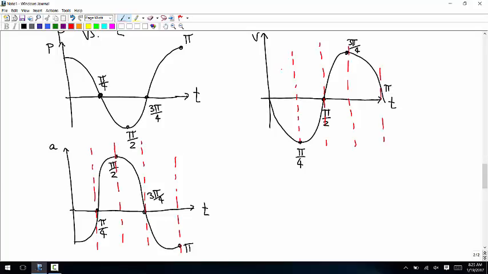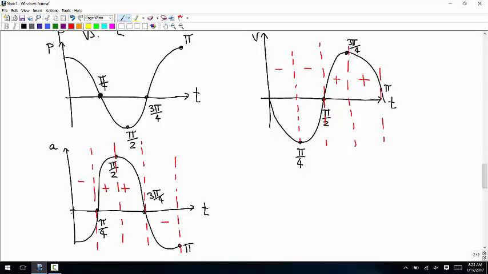So in this first interval, velocity is negative, then negative, then positive, then positive. For acceleration, it's negative, then positive, then positive, then negative.